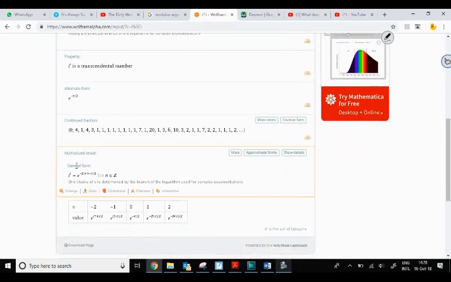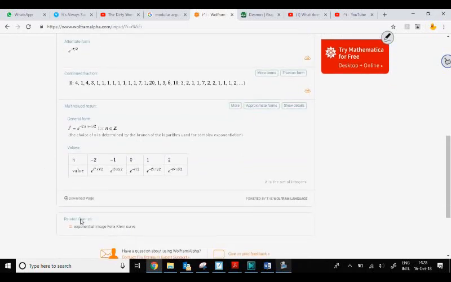We've got a multi-valued result, so this is kind of hinting at the fact that there's actually infinite answers to this problem, which again is touched upon in the YouTube videos that I'll link to. And this is even related to the exponential image on a Felix Klein curve, which I have no idea what any of that means. So Wolfram Alpha, just full of fun, interesting mathematical vocabulary for us to explore.